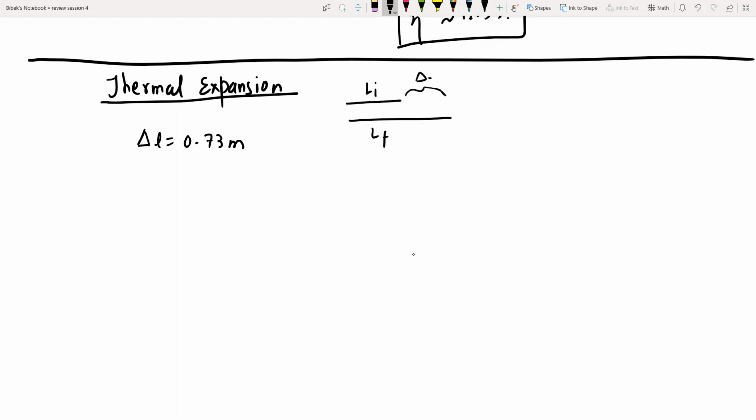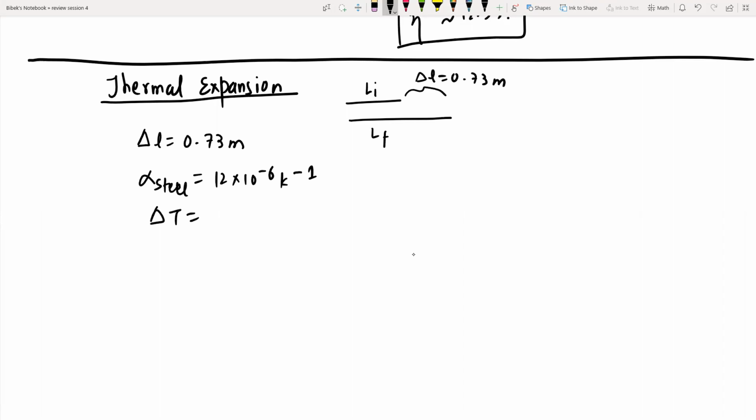This delta L of 0.73 is given to you, and your alpha for steel is given to you. That is 12 times 10 to the negative 6 per Kelvin. That's the unit.